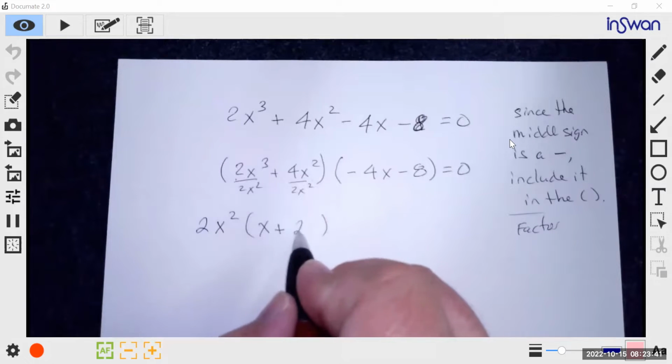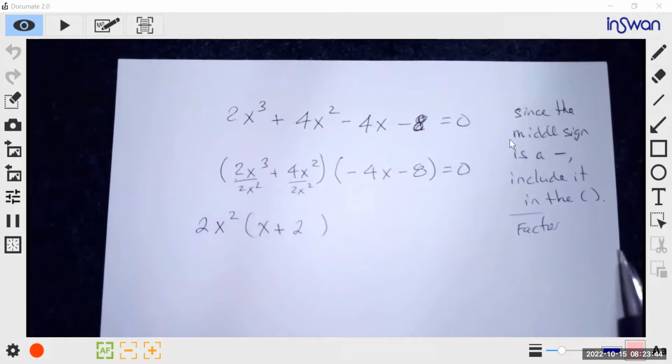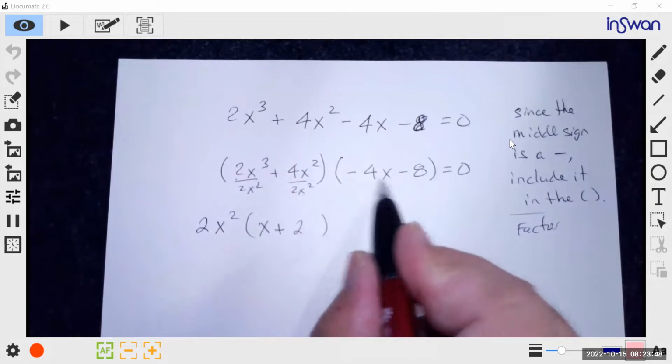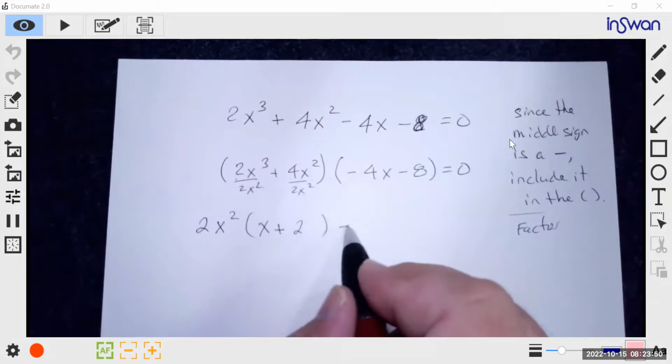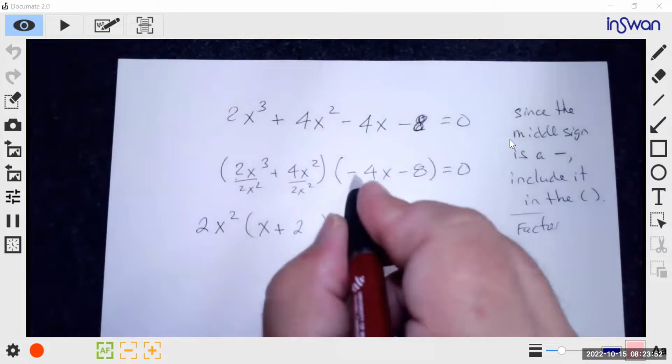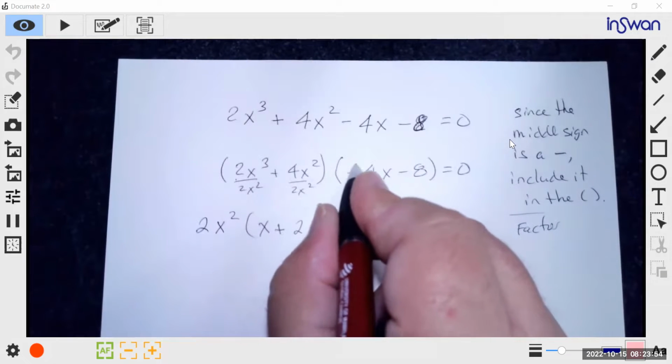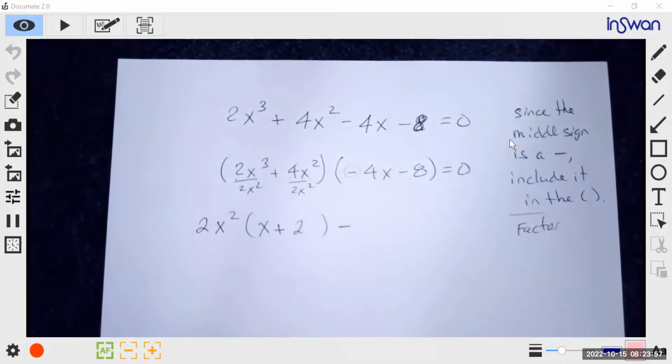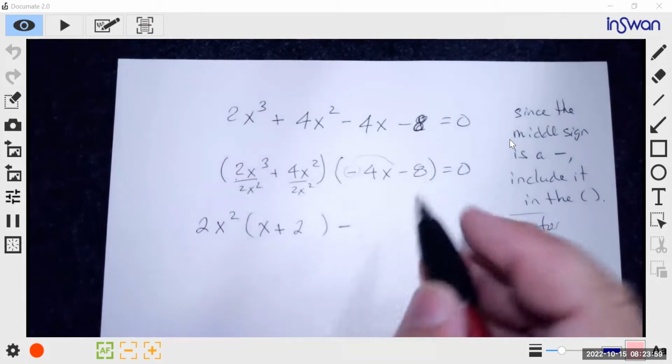Four divided by 2 is 2, x squares cancel. And on the second one, they both have a negative, so take out the negative. Whenever the middle sign is negative, factor it out, which means you have to change both signs inside there.